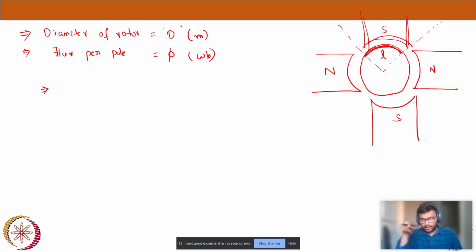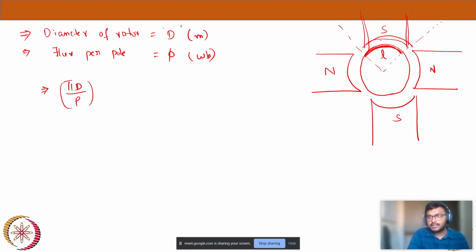Because it's a circular machine, the shape is a circle. Now you know the entire circumference of the circle, and that particular length will be how much? What is the total length of the circumference? It's 2 pi r, right? If the diameter is d, the length will be pi d. It is the total length of the rotor, and you divide it by the number of poles.